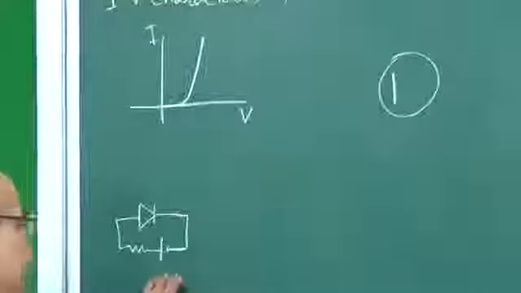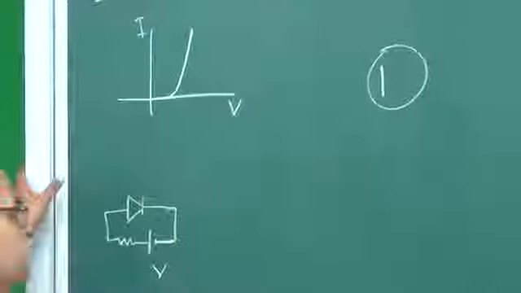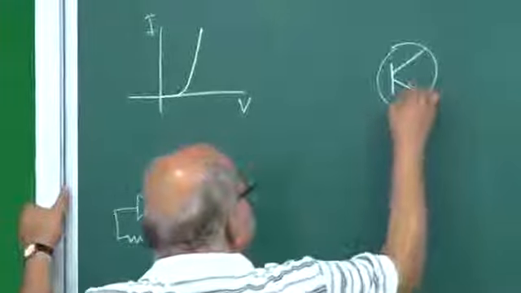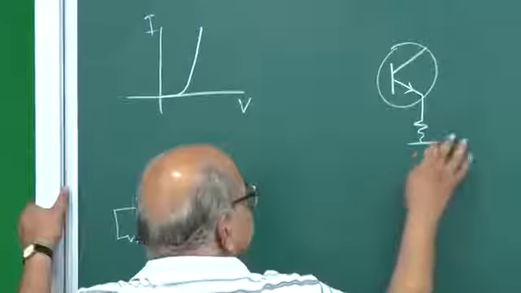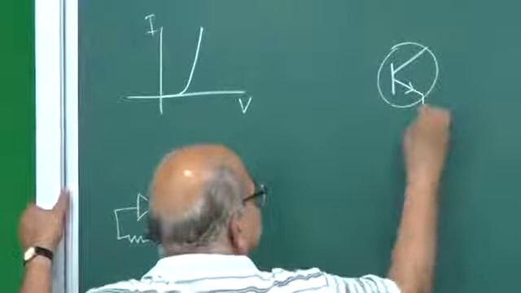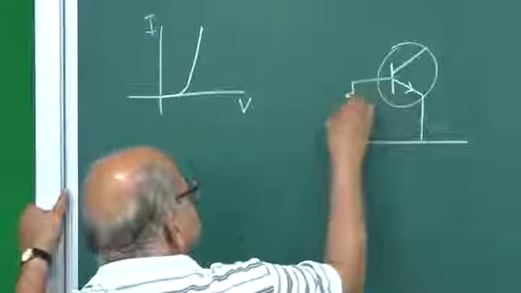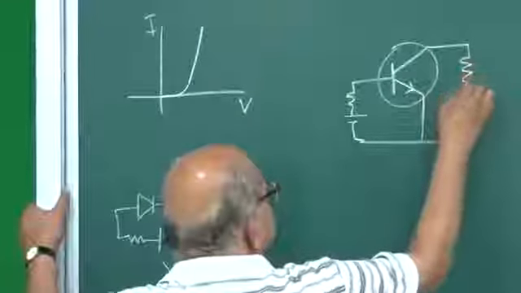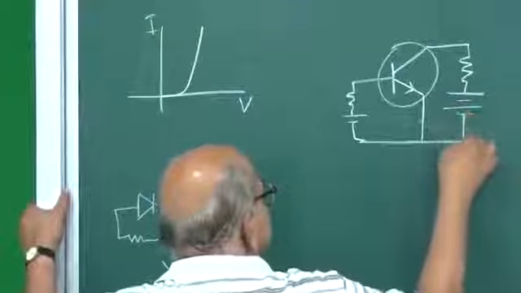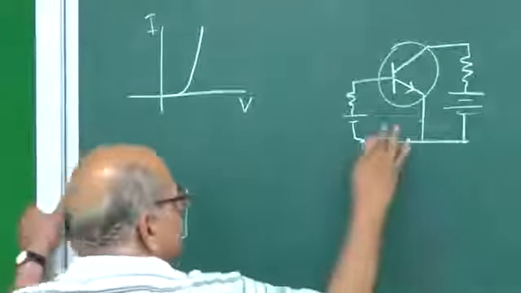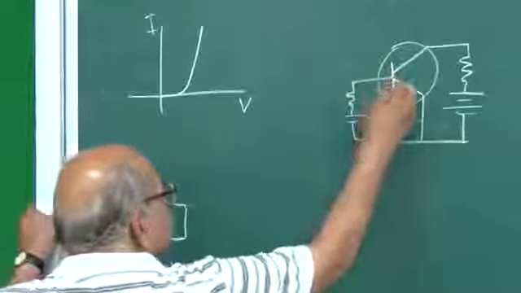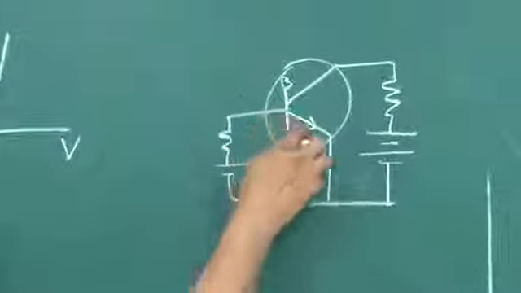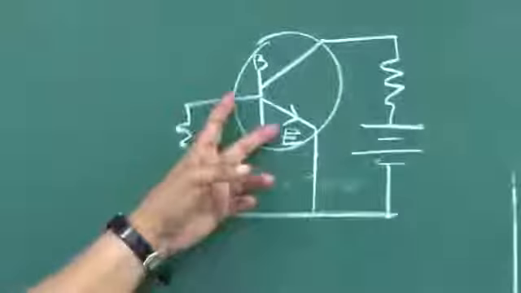In a p-n junction there was only one combination, V and I. So if I have this transistor, and then I have this input side, this output side, then this is base and this is emitter, and you have VBE, the junction potential difference, the voltage across the junction.